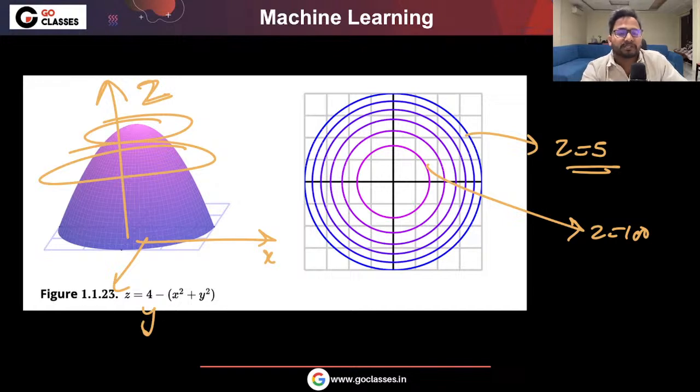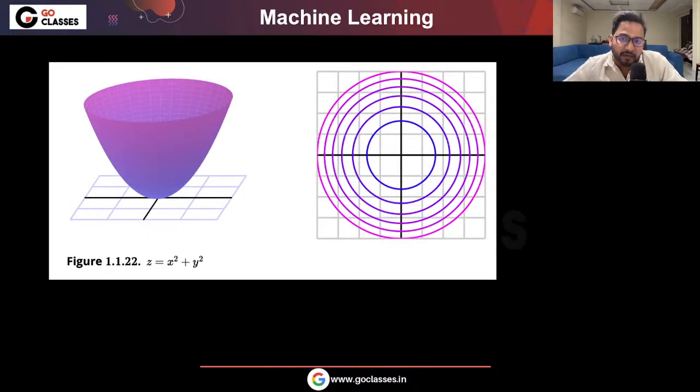Okay, this is important to understand, that one circle corresponds to one value of z. And in this particular example, it so happens that the innermost is the highest value of z. But interestingly, if you see this example here, this smaller circle, suppose I say this smaller circle is z equal to any value.